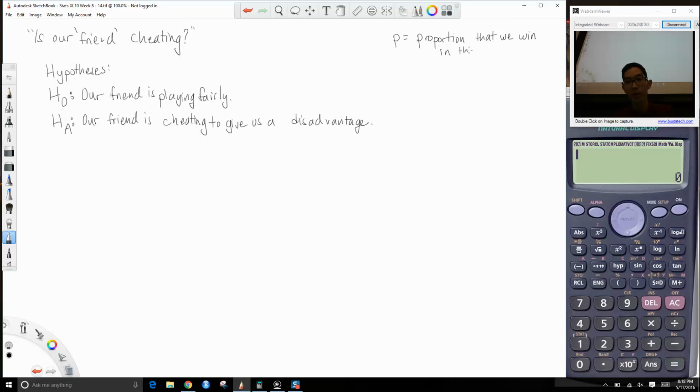So it's not just the data that we see, but is the system set up in such a way that the proportion we win in the long run gives us a disadvantage? Our null hypothesis says our friend is playing fairly, so the proportion that we would win in the long run is 0.5. That's what we would expect if the coin is flipped fairly, right?